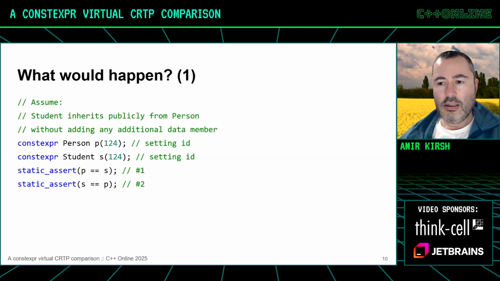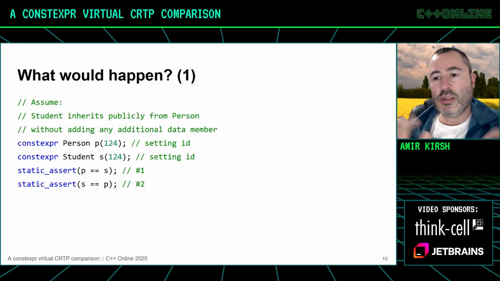And then the question is, when we try to compare a person to a student, and a student to a person, both in this case hold a single attribute, and let's assume that this single attribute is the thing that is being compared, and the single attribute is 124 in both, which is the ID.